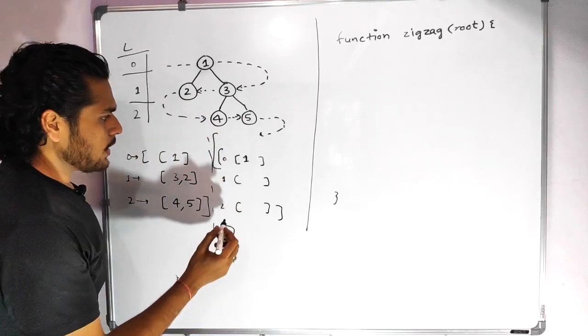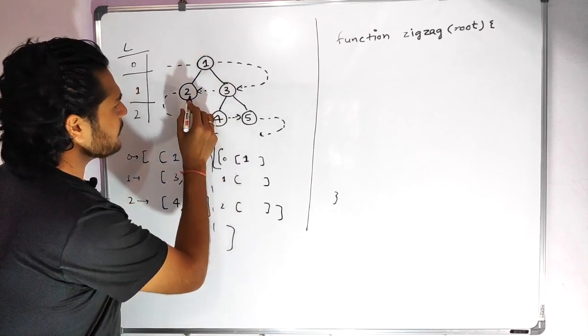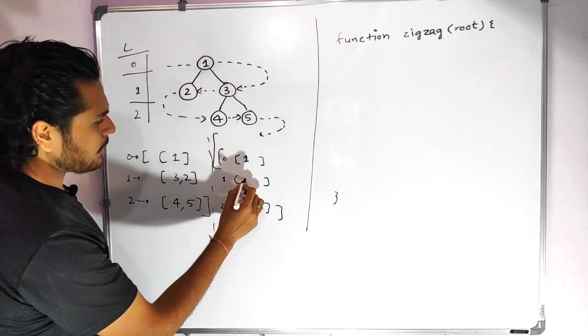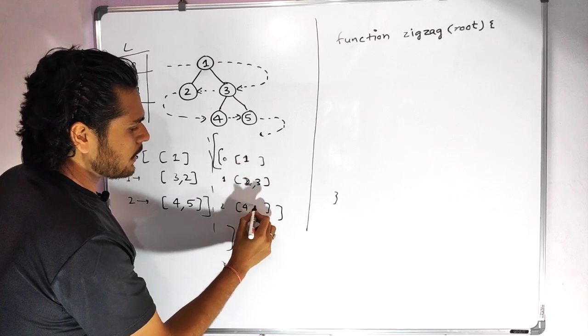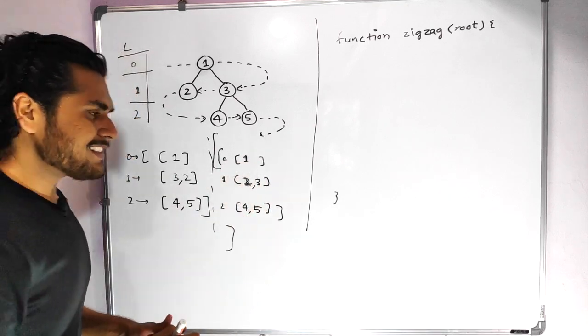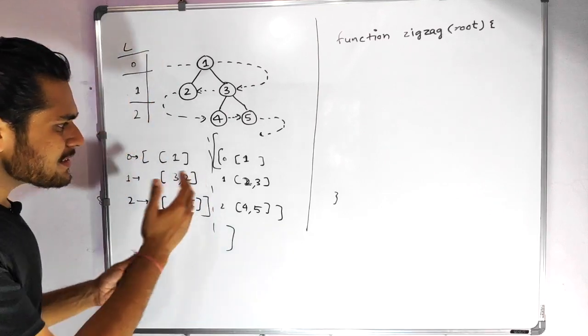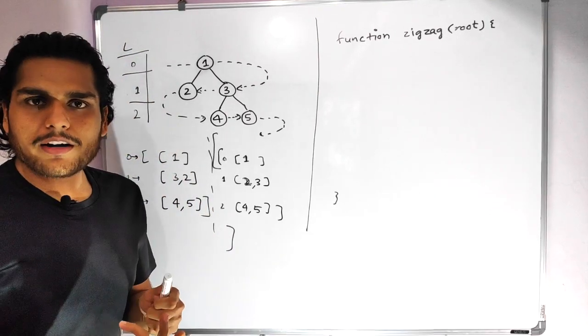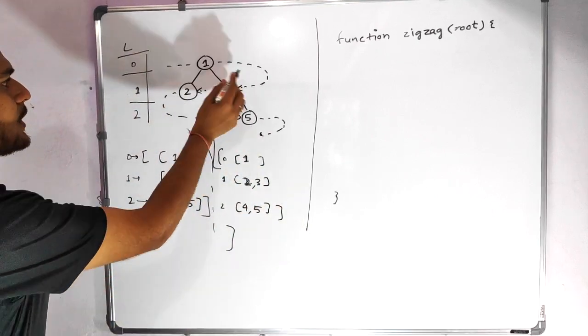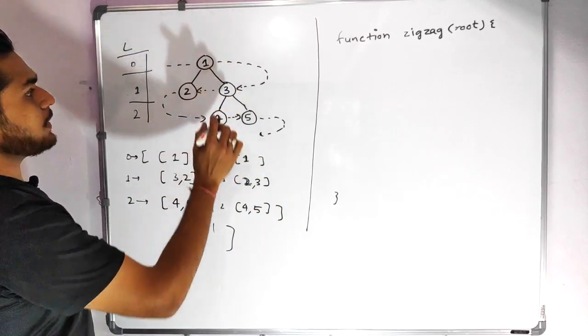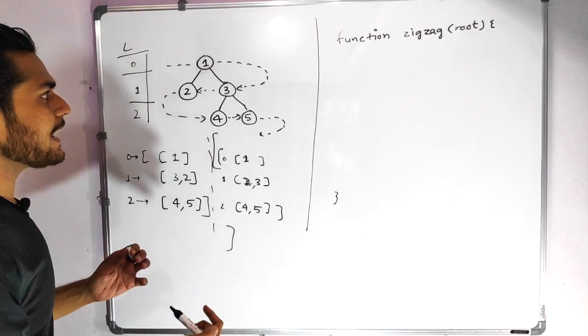So 2 should be in the level 1 bucket, and similarly 3, 4 and 5. If you see clearly, this looks like a normal level order traversal: 1, 2, 3, 4, 5. But we have to form a zigzag pattern.